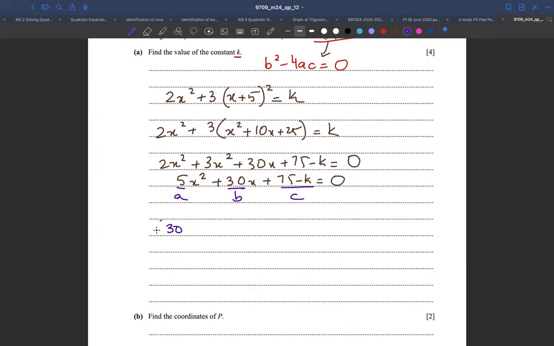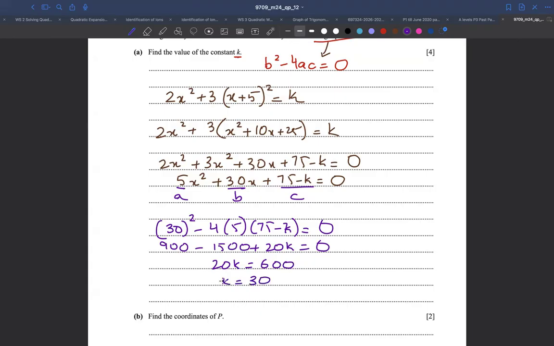So 30 square minus 4 into 5 into 75 minus k equals 0. 20 times 75 is 1500, plus 20k. So 20k equals 600 and k equals 30.